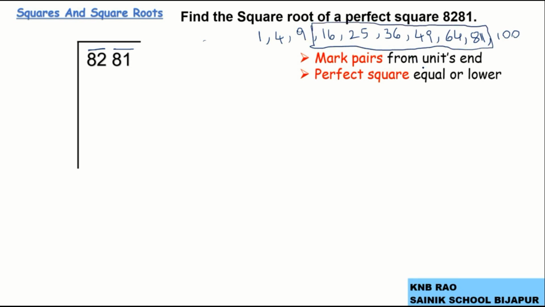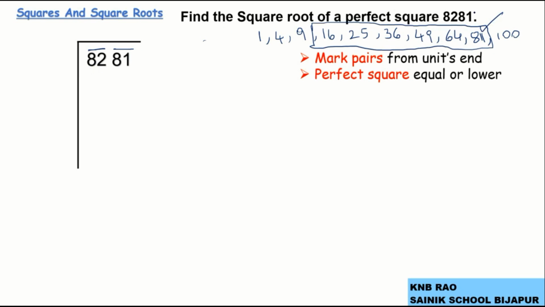So we choose such a perfect square equal or lower to the leftmost pair, but remember which is closest. Here what we choose is the closest. Here 64 is also less than 82, but we will not choose it because it is not closer than this 81. 81 is the closest one.